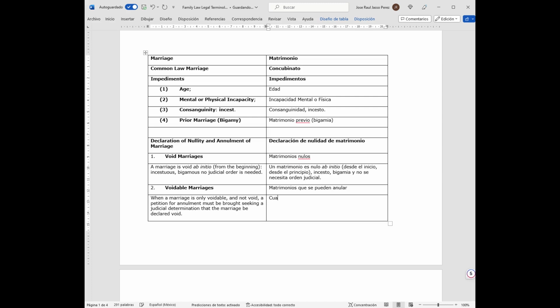So in Spanish, cuando un matrimonio es anulable y no nulo, una petición de nulidad se debe buscar para obtener una declaración judicial de que el matrimonio se declare nulo.